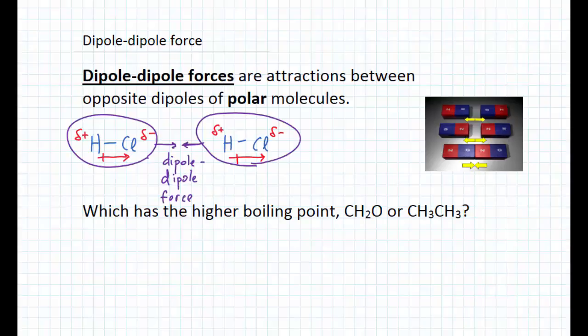It's called dipole-dipole because the dipole of one will attract to the opposite dipole of its neighbor. Okay? Polar molecules, we've talked about this before, polar molecules behave like little magnets, okay? Where opposite sides will attract. Okay? If the same sides approached each other, they would repel, and one of them would probably flip around so the opposites could attract, okay?